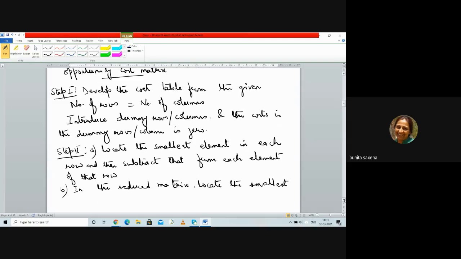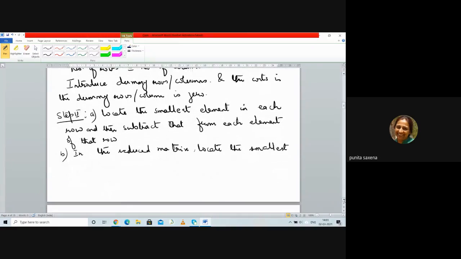So in the reduced matrix, we locate the smallest element in each column and subtract that from each element of that column.